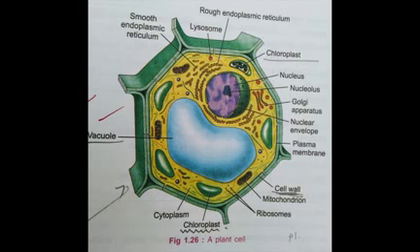Certain substances like carbon dioxide and oxygen move across the cell membrane by the process of diffusion. I'll explain what diffusion and osmosis are later on. Others, like water molecules, move across by the process of osmosis.